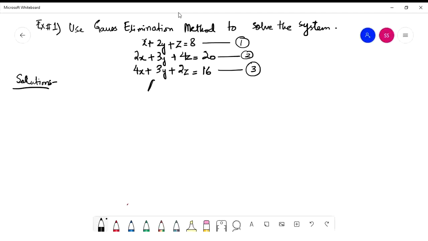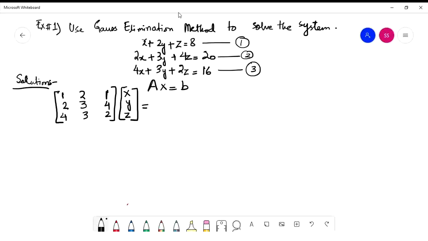If I convert it into the matrix Ax equals b, then the coefficient matrix will be: the first row has coefficients 1, 2, 1, then 2, 3, 4, then 4, 3, 2, and x is x, y, z. So this is basically the simplest form of the matrix system, with b as 8, 20, 16. Now I convert this matrix into the augmented system.